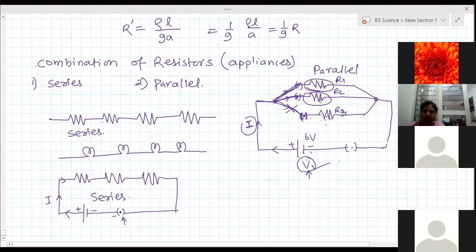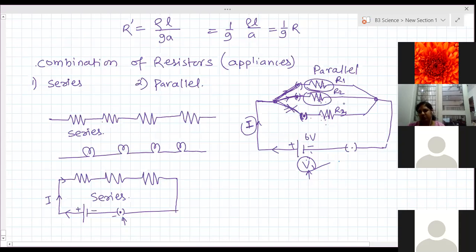Okay, ma'am. So now further we have to find out the total resistance of series and parallel combinations. If the resistors are connected in series, how much total resistance do they provide? For that there is a formula, and we have to derive it. Even when the resistors are connected in parallel, what total resistance do they provide?